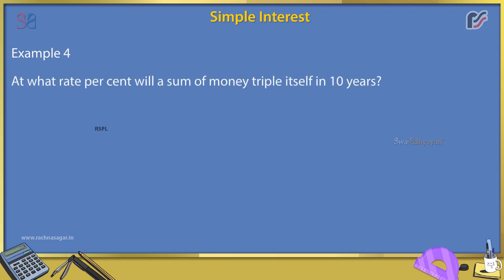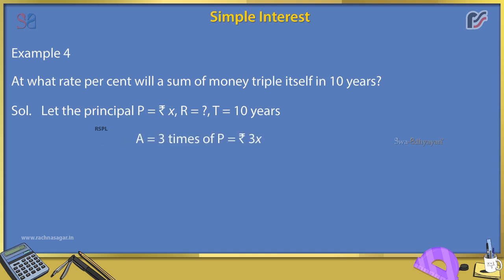Example 4. At what rate percent will a sum of money triple itself in 10 years? Solution. Let the principal P is equal to rupees x, R is equal to question mark, T is equal to 10 years. A is equal to 3 times of P, which is equal to rupees 3x.